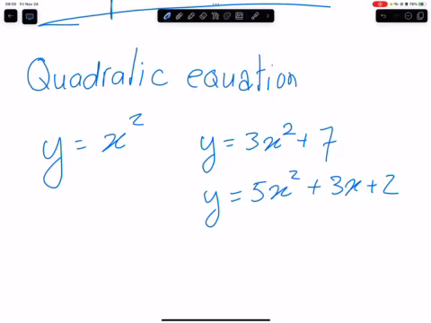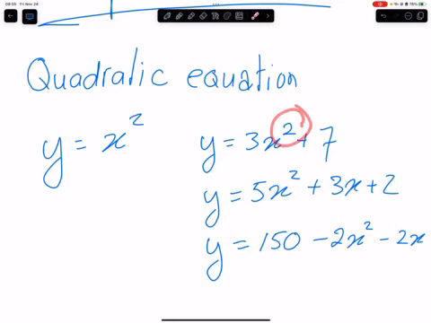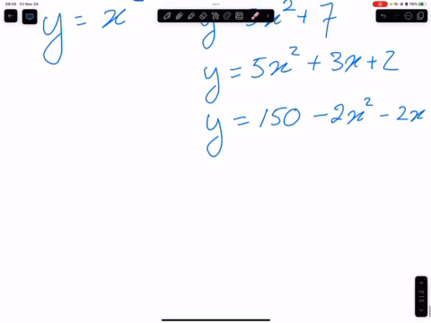We're starting from the top. Yes, these are all different variations of quadratic equations. As soon as you see something to the power of 2, it's a quadratic equation. Different ways, different forms, to the power of 2, quadratic. All right.